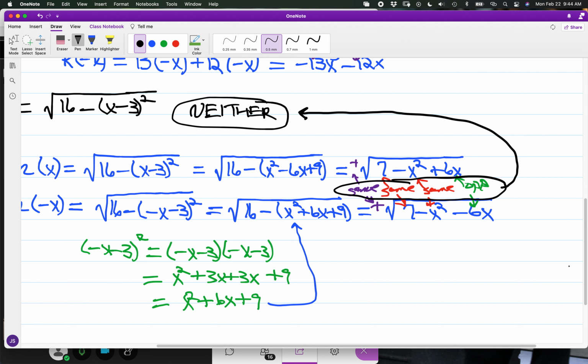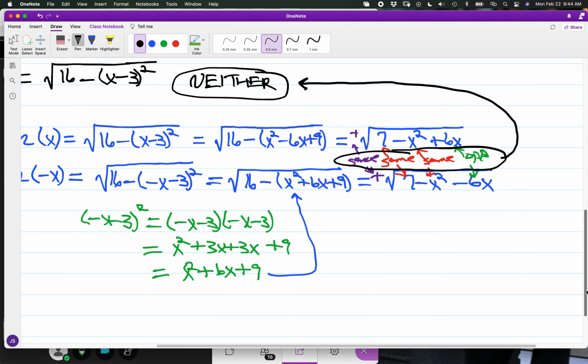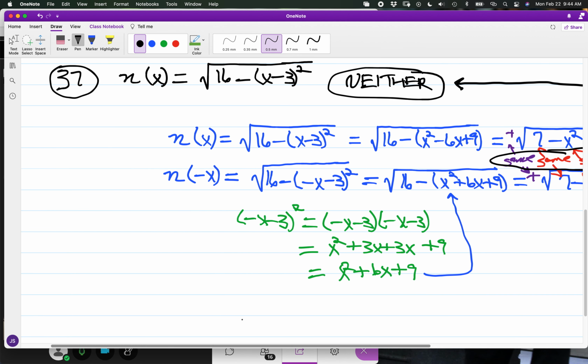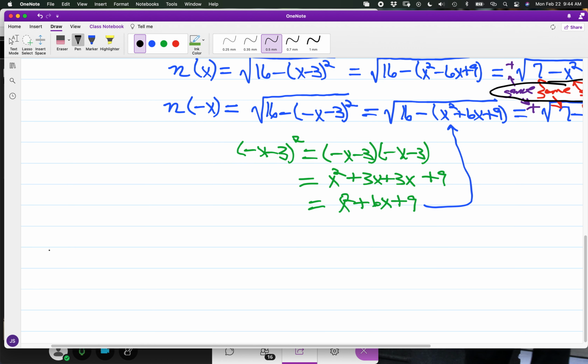Now for what we have in the case of 41, you have h of x is equal to 5x.